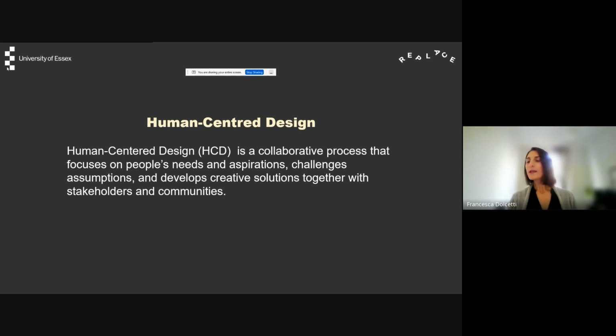Human-centered design is a group of methods that focuses on people's needs and aspirations, and it strives to challenge assumptions and develop creative solutions together with the stakeholders and the communities that will be affected by the impact of whatever is being designed.